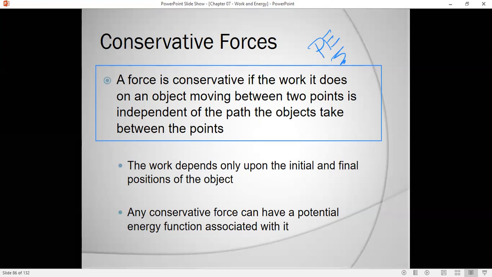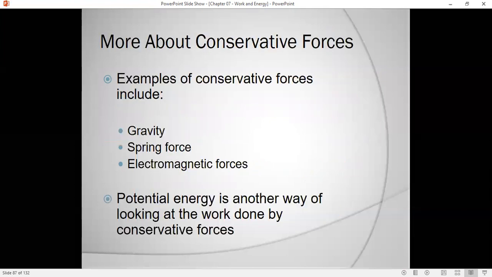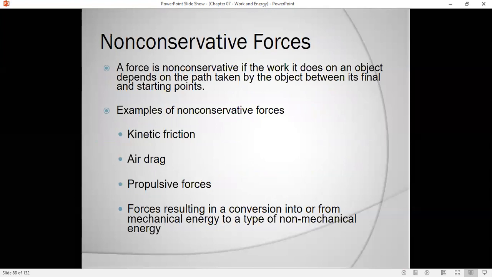But again, important here, work only depends on the initial and the final position. A conservative force can have a potential energy associated with it. Again, we're going to do that next time. The work does not depend on the path of the object. Again, gravity, spring forces, electromagnetic forces can all be turned into potential energy.